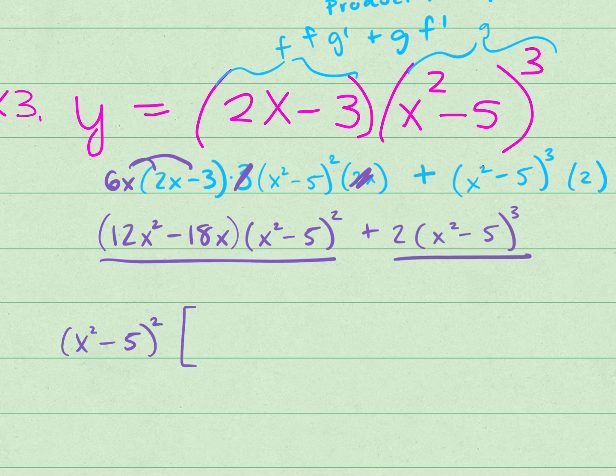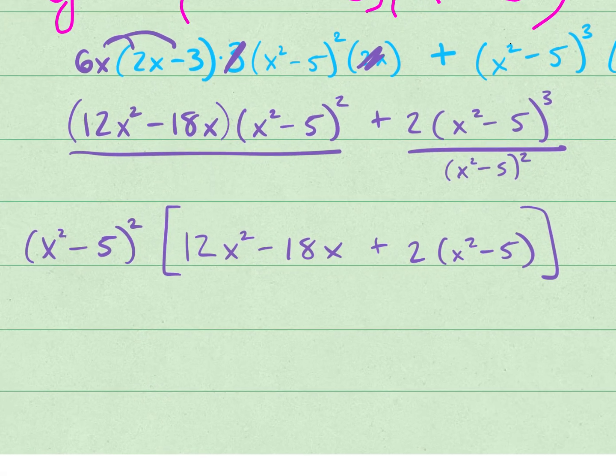What we're left with on the inside, we have 12x squared minus 18x plus, well, 2 x squared minus 5 to the third power, and I take away x squared minus 5 to the second power, what do I have left? x squared minus 5.